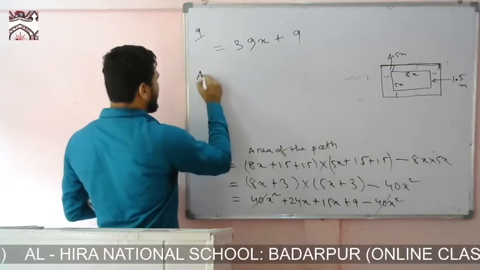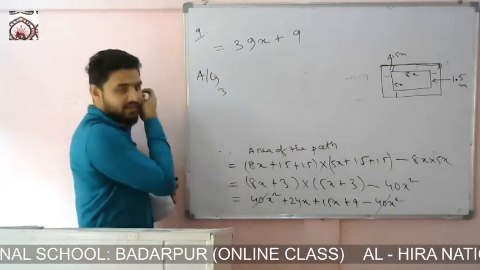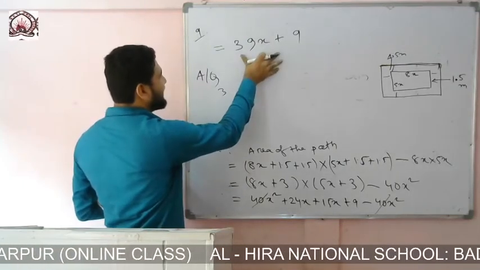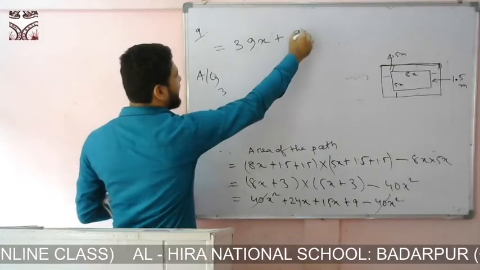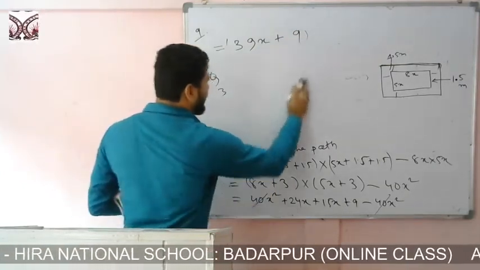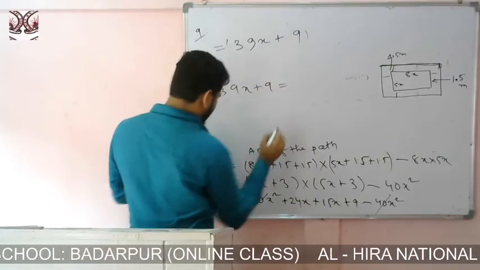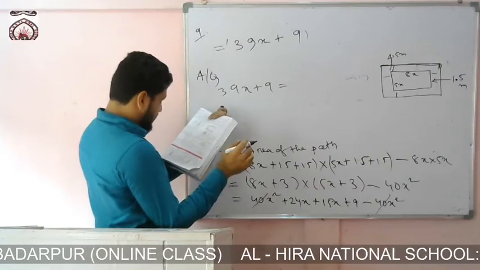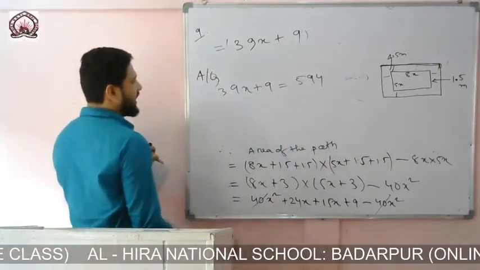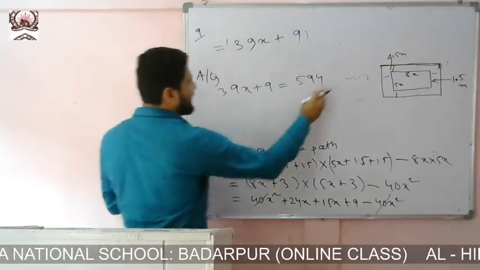Now this portion will be equal to the area of the path. So according to the question, area of the path will be length into breadth. We have found length into breadth, that is the measurement. So that will be equal to 594, because it is given according to the question. From there I can find x, and after that I can find the length and breadth.